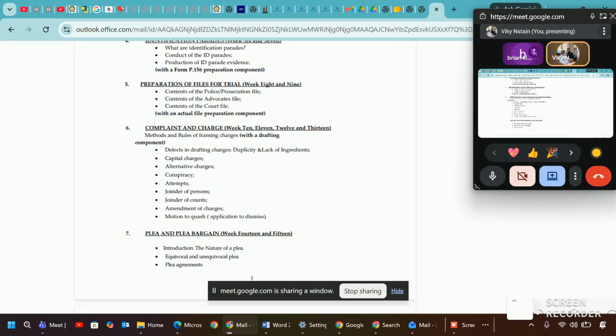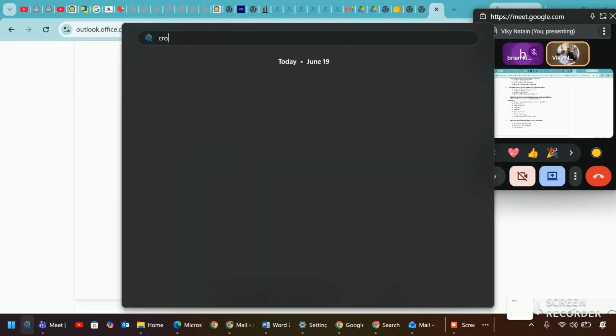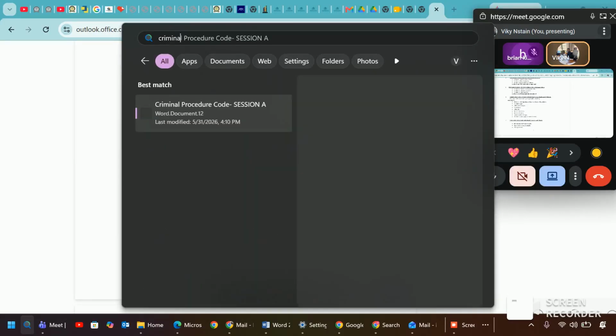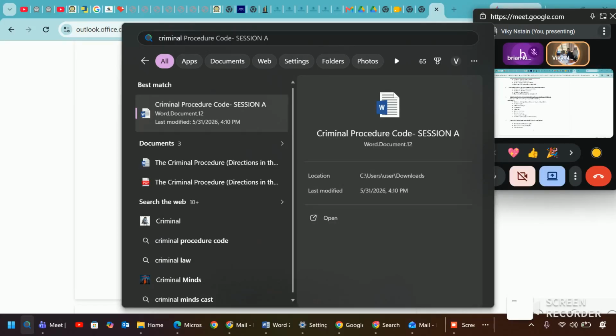In fact, in the April 2026 paper, question 1 was about joinder of persons and joinder of counts, together with the drafting element of a charge. So you must understand the various rules of drafting. Criminal litigation.